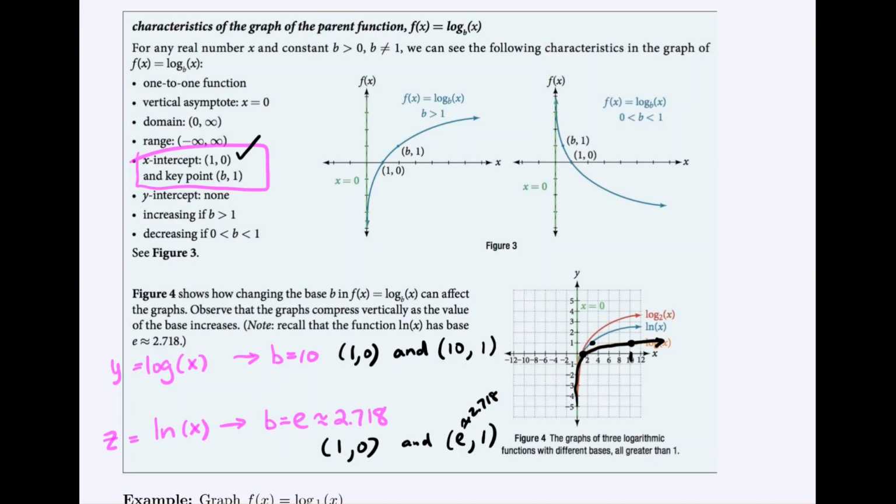Which is why we see that it does not have to be as steep, because its rise over run are a lot closer, whereas log base 10 of x had to run over 10 before it could rise up 1. So if you're given a lot of logarithms graphed together, you can tell that the larger the base of the logarithm, the closer it's going to be to the x-axis. The smaller the base of the logarithm, the higher it's going to be, because of these key points.